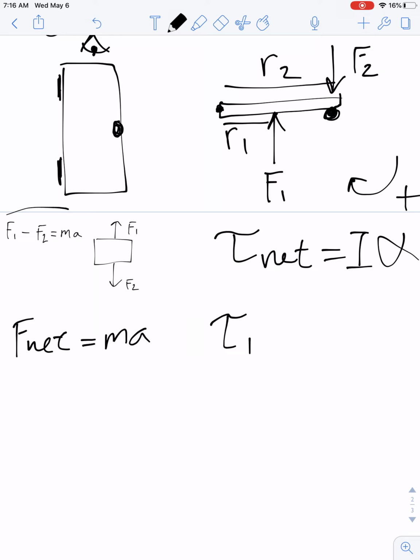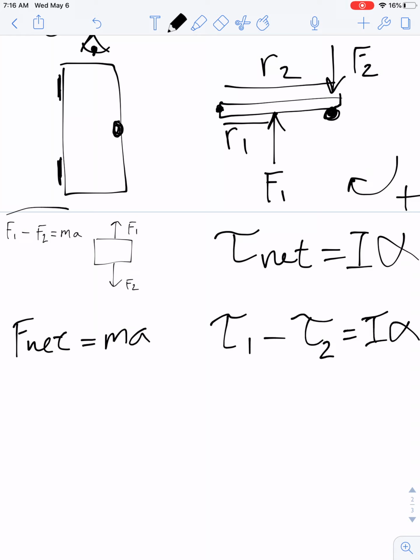And then F2 and R2, well, those two together will create a torque, and we'll call that torque 2. And that second torque is in fact a negative torque because it's clockwise, right? So it's going the opposite direction as counterclockwise. So therefore it creates a negative torque. And that will be equal to I alpha, as we said.